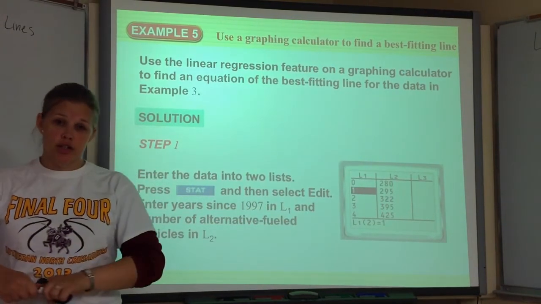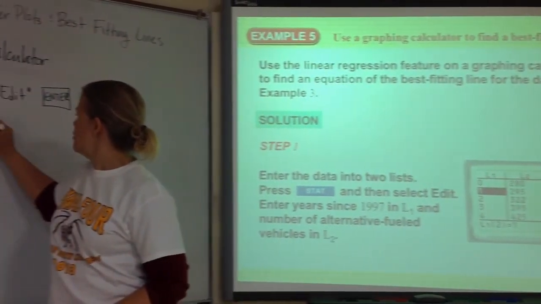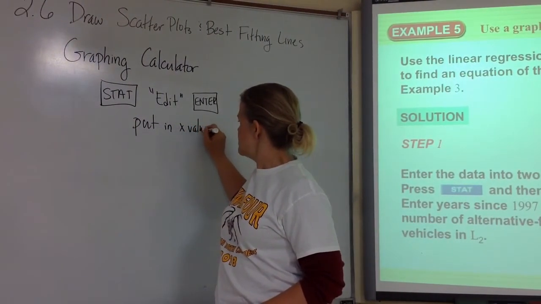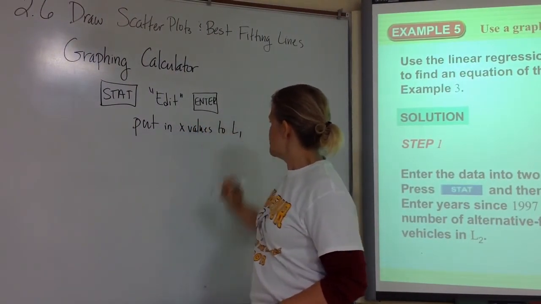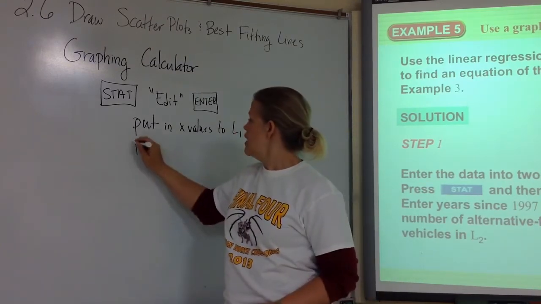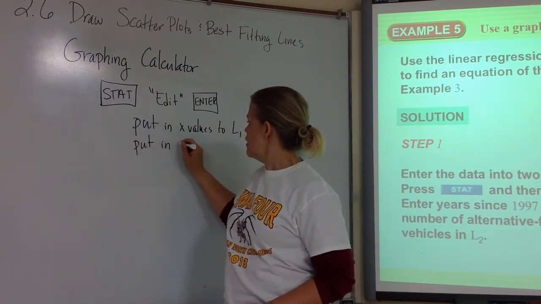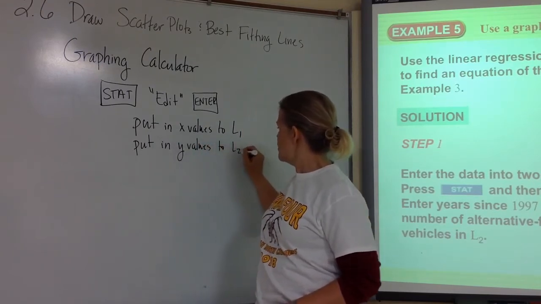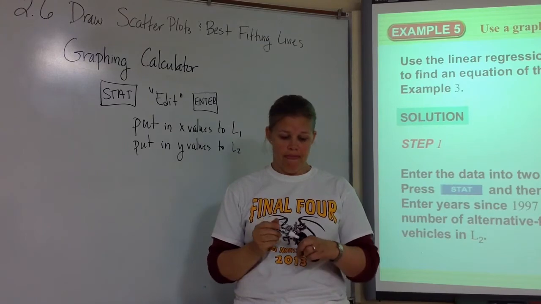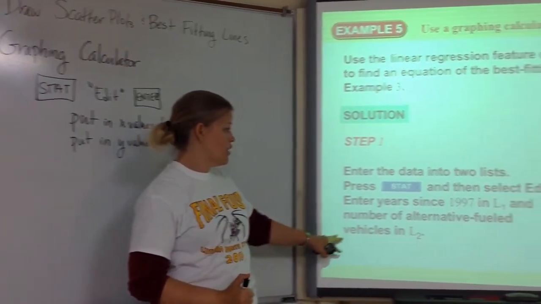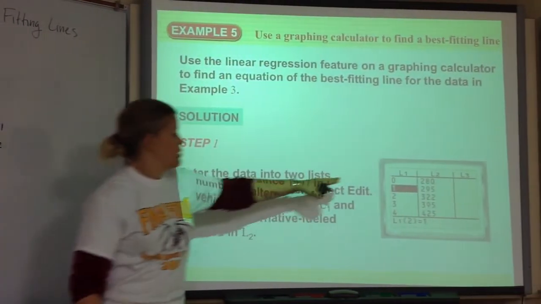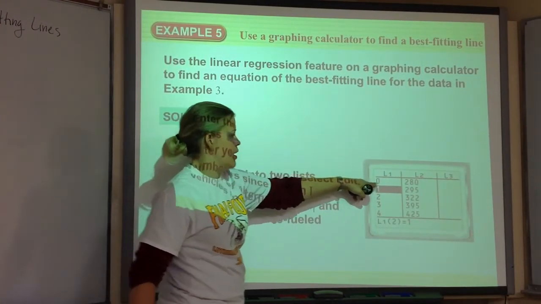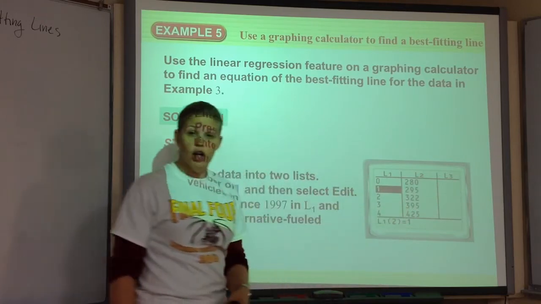And what you're going to do is enter the x values to list 1, and then you put in the y values to list 2. Okay? So, if we look over here, that's what they did. They put 0, because in 1997, that's 0 years away, 280, they put them all in.